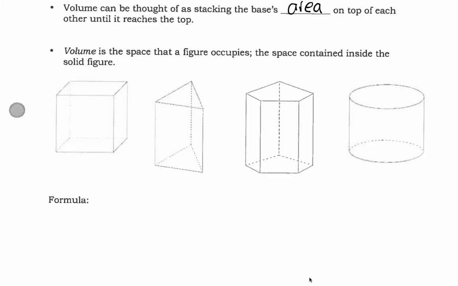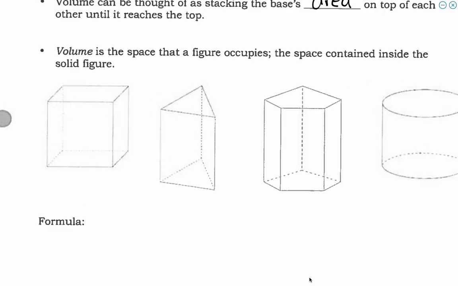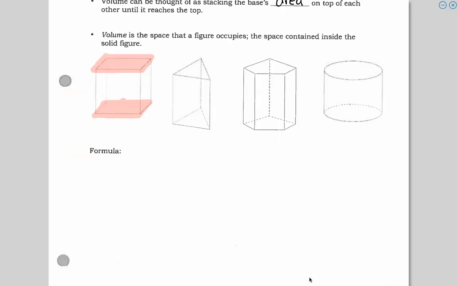So I want us to focus right now, and if you have a pencil or a highlighter or different colors, I want you to focus on the very first thing: what is the base and what is the shape. This prism has a rectangular base, so it's a rectangular prism. Notice we can identify that base on the top and on the bottom.